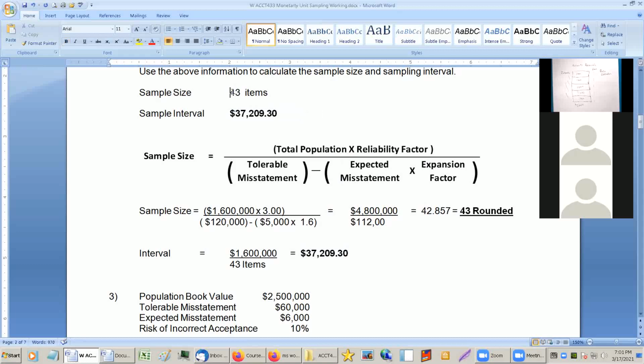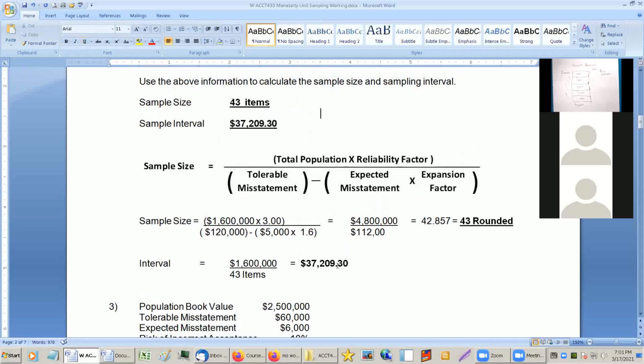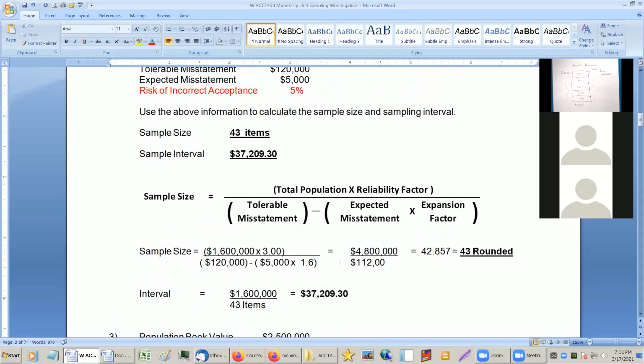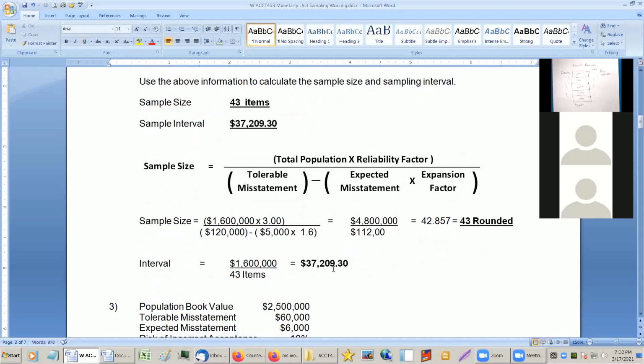Now, even if this is kind of a little bit of a pain, well, first of all, it's the first one we did, so we do something once. But this is going to be way faster to find sample size than the classical sampling. Also, you don't have to worry about picking the sample.